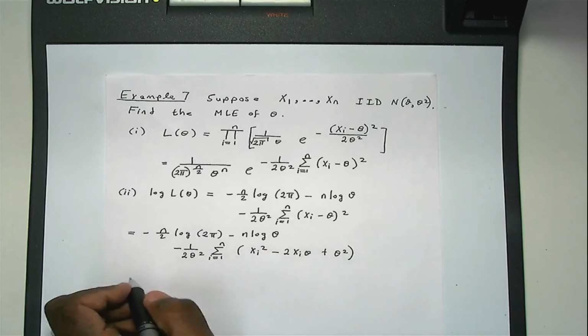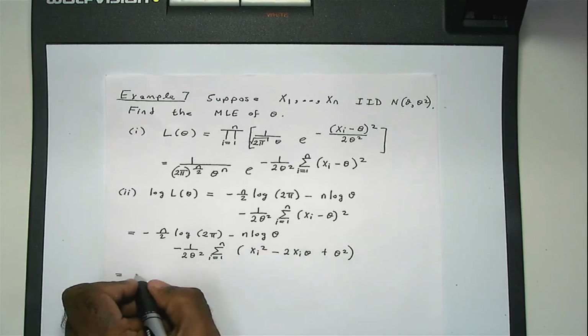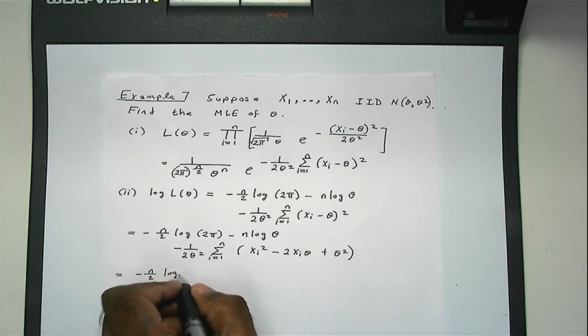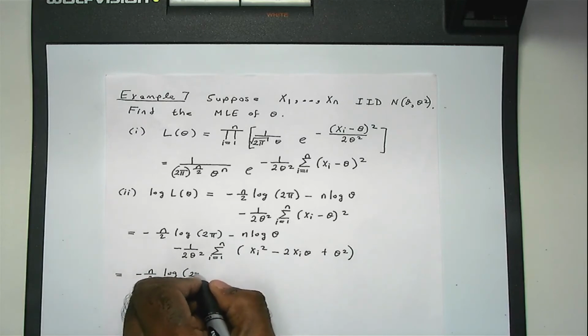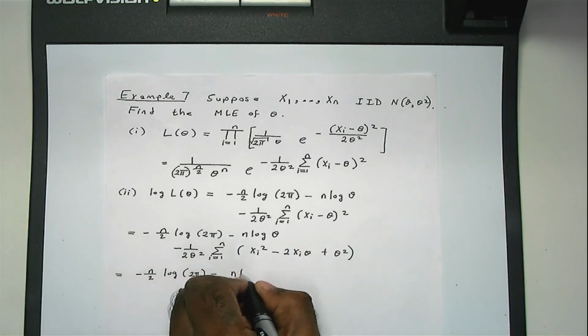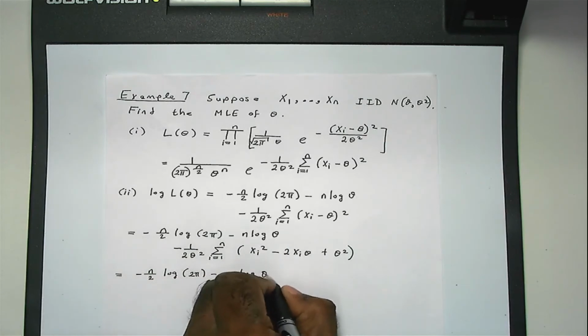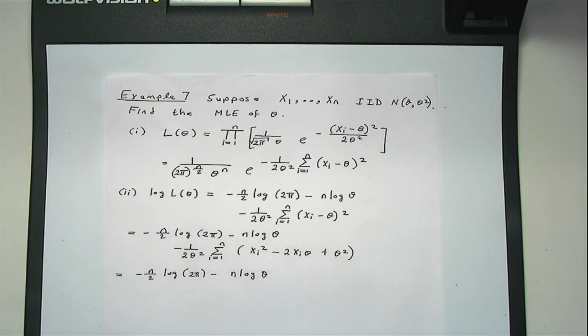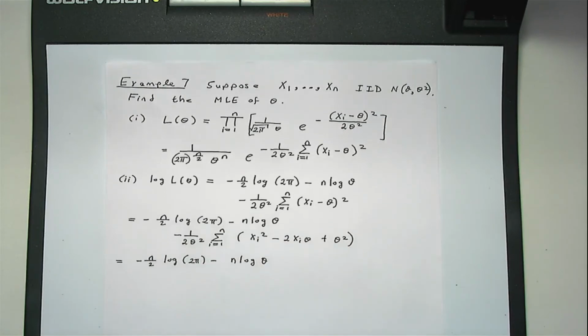In the next step I'm going to take the sum inside the brackets, so you get 3 different sums.